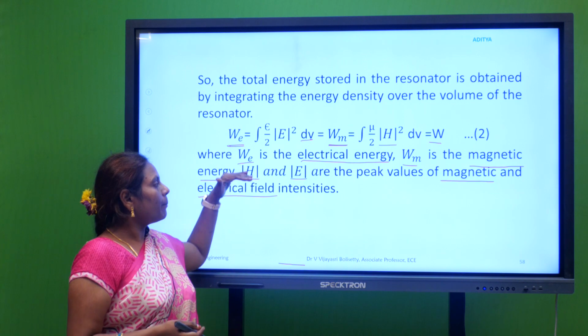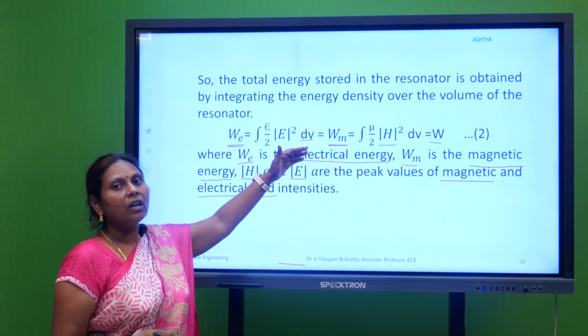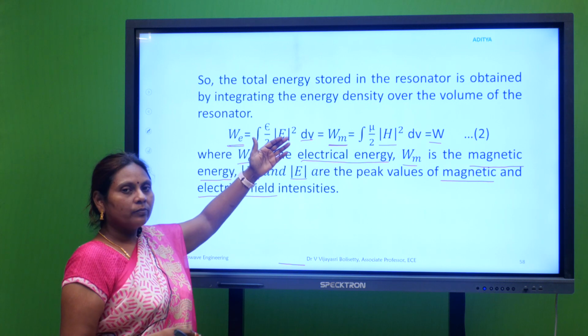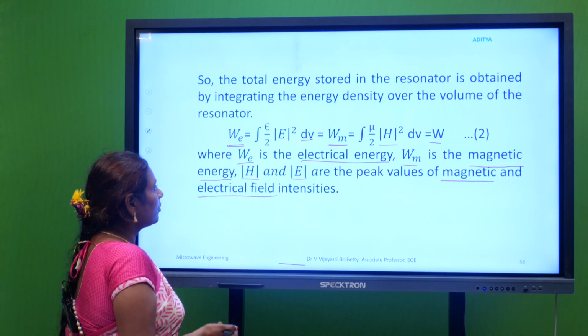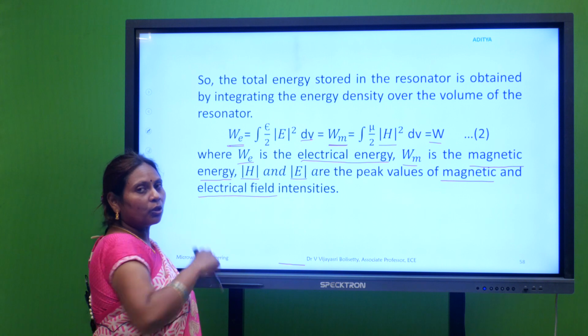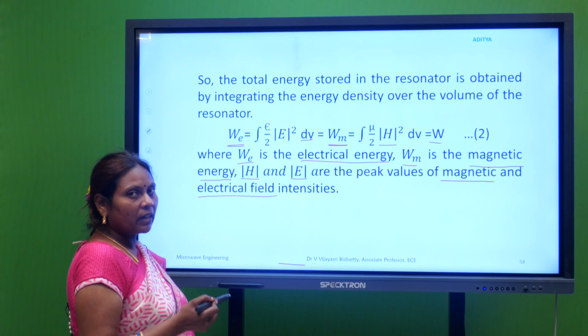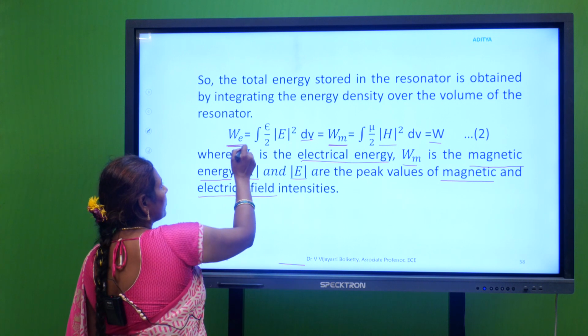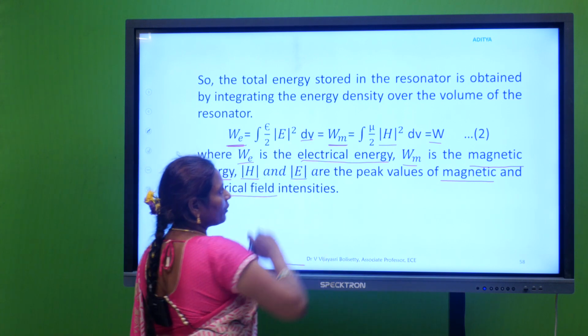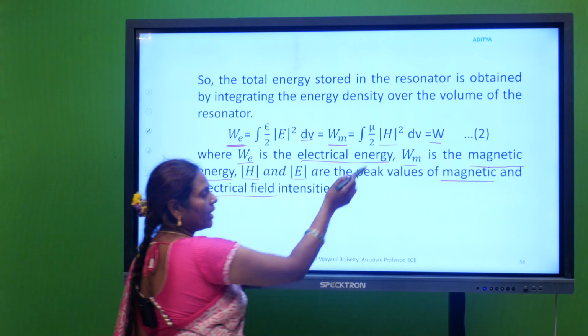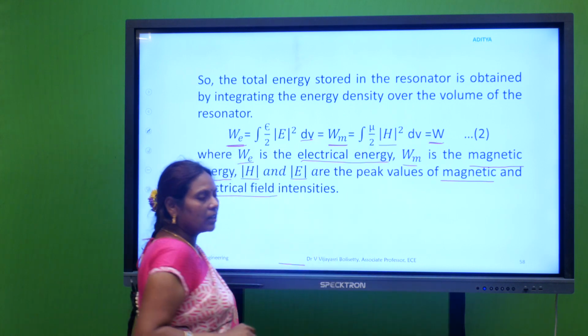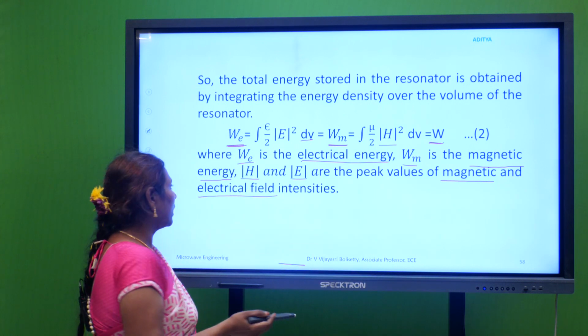By integrating the magnetic field intensity over the volume, we get the magnetic energy stored. In the cavity resonator, at resonance, the stored electric field energy and magnetic field energy are the same, and that is equal to W.